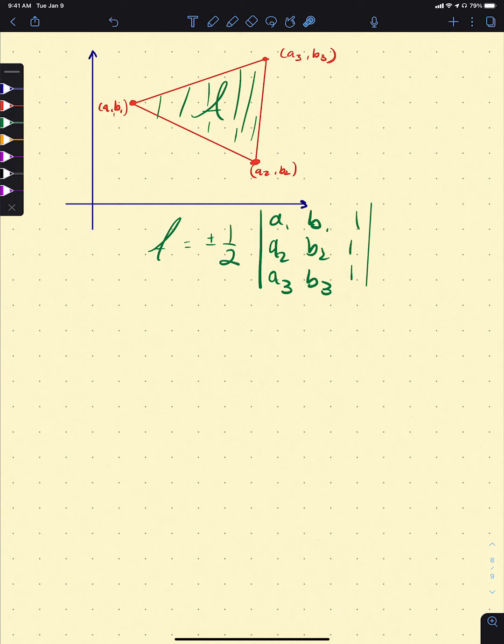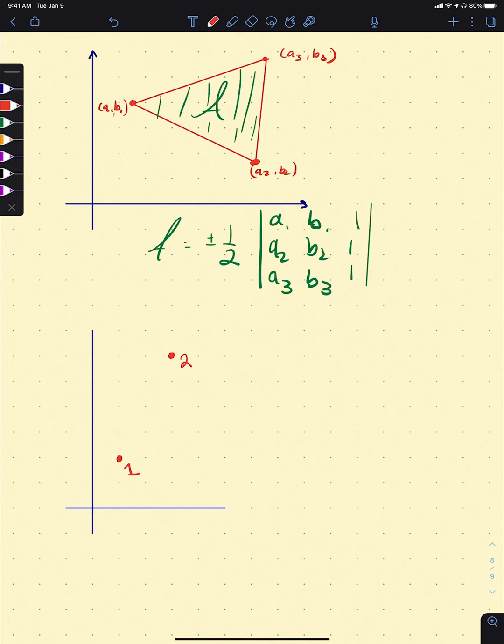So let's do one quick example of this, and then that will wrap up our course. So I guess we'll need a triangle then, right? So let's say our vertices, we'll put one at 1, 2. We'll put the next one at 3, 6.